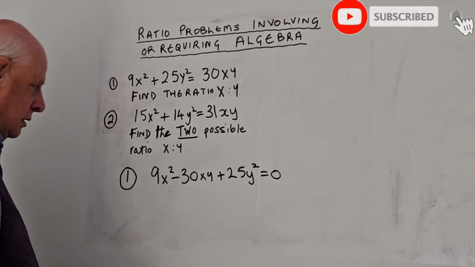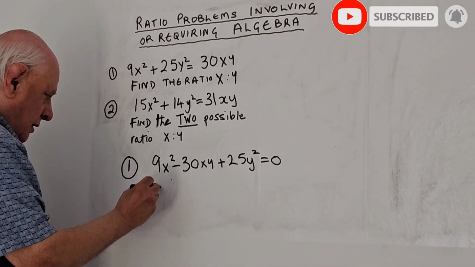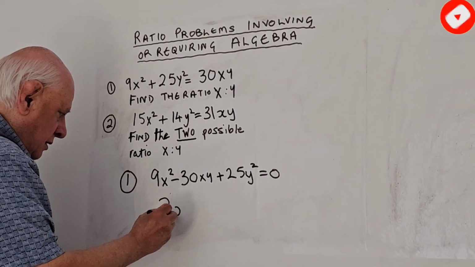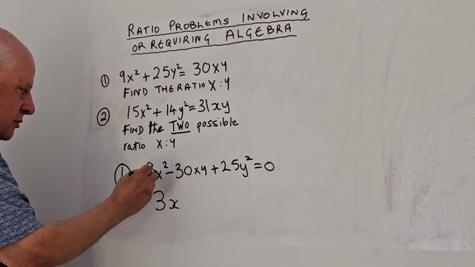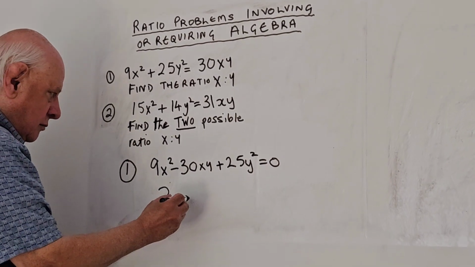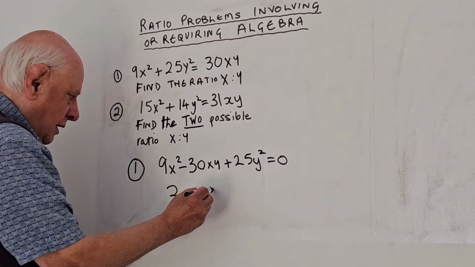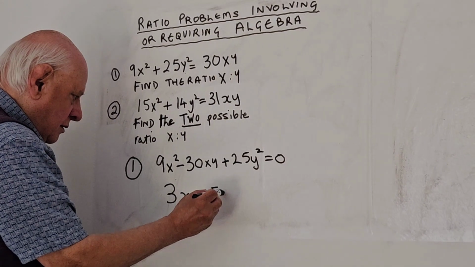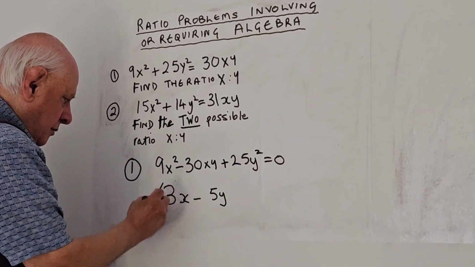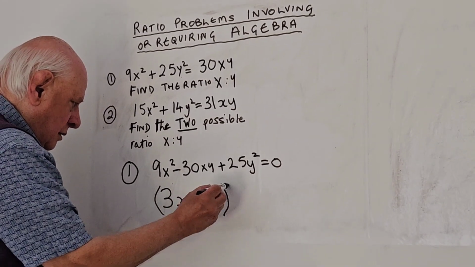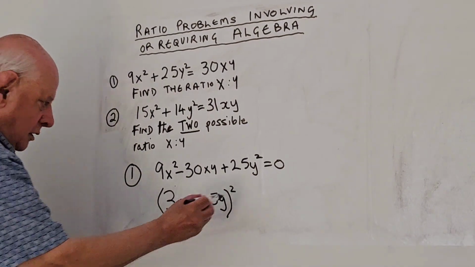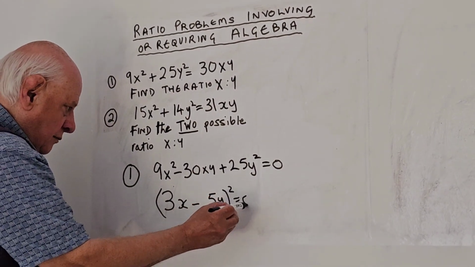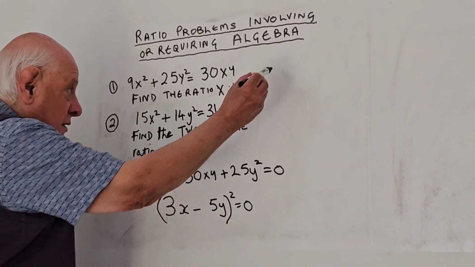Okay, so when you factorize this, this is in fact an exact square, and it is the square of 3x minus 5y, squared, equals 0.